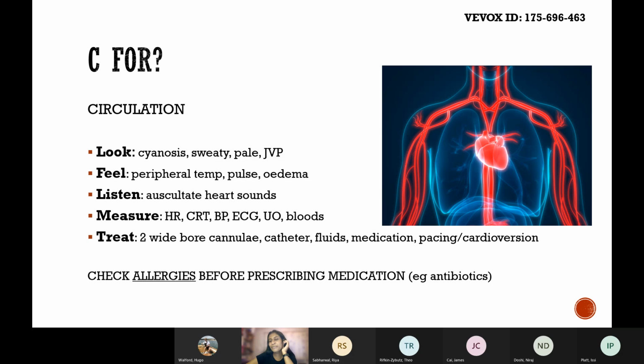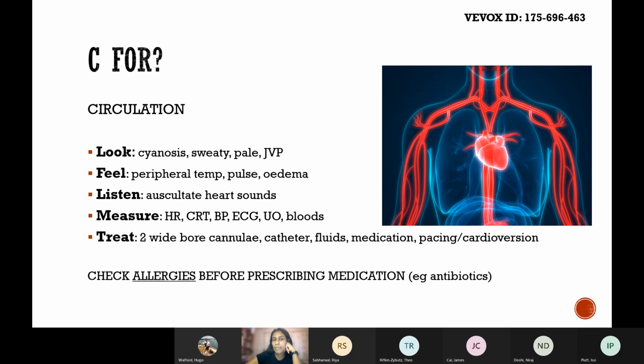What else will we want? Heart rate, exactly. And just a couple more. So heart rate, capillary refill time is another one. Blood pressure, ECG, a urine output as well.